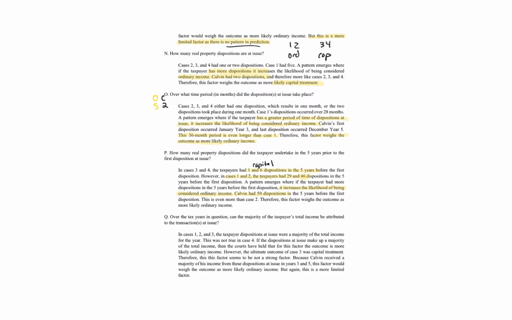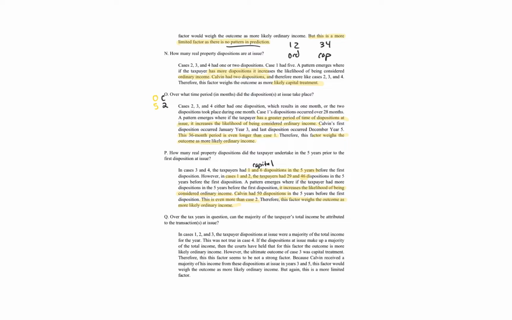You're told in the facts that in years 1 and 2, he had 10 average sales. And then in the 3 years before, years 1 and 2, or year 1, I should say, he had 10 average sales. So that is 50. 10 per year, 5 years, 50 dispositions. So right there, this is even more than 46 dispositions. So this factor weighs the outcome as more likely ordinary income.